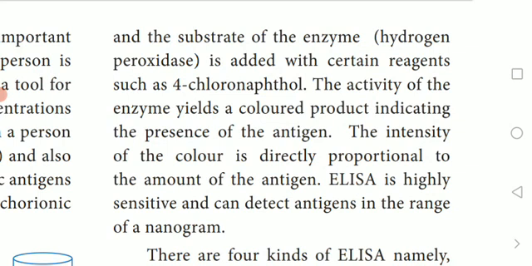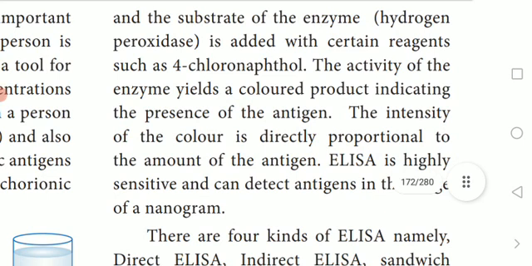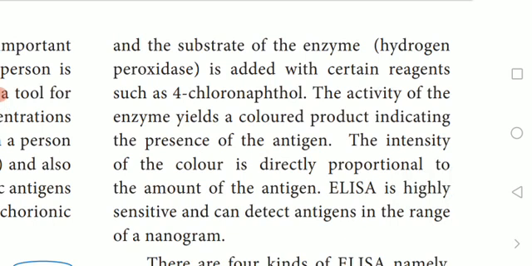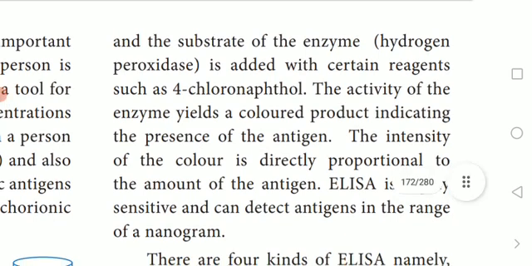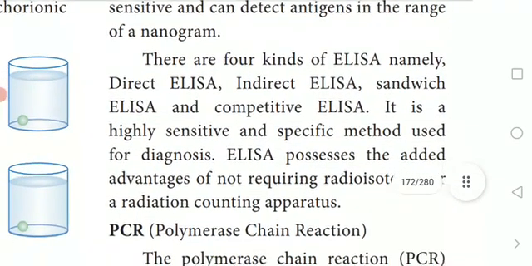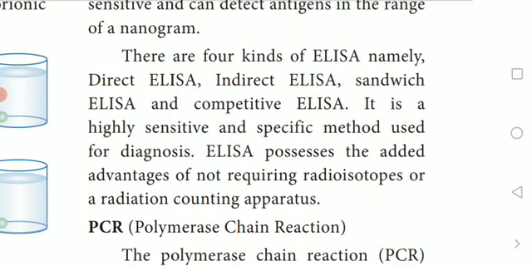ELISA is a tool for determining serum antibody concentrations, such as antibodies produced in a person infected by a pathogen such as HIV, a virus which enters the patient. It is also used for detecting the presence of specific antigens and hormones such as human chorionic gonadotropin. These are hormones which can produce antigens, and against the antigens the antibody can also be produced.